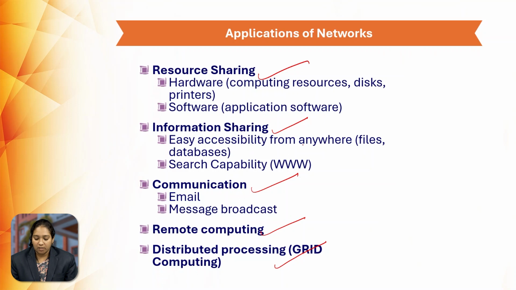In information sharing, it is easy accessibility from anywhere, files and databases, and search capability, meaning worldwide websites. In communication, how will we communicate? Email and message broadcast. And next application was remote computing, and the final application of network is distributed processing.